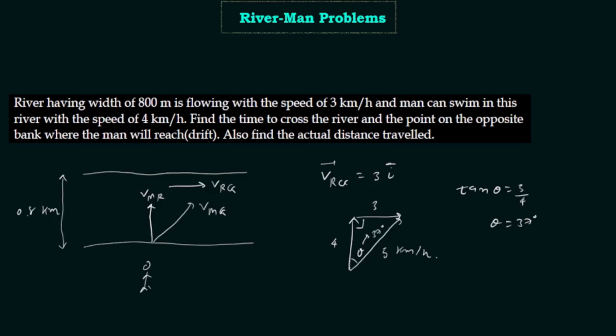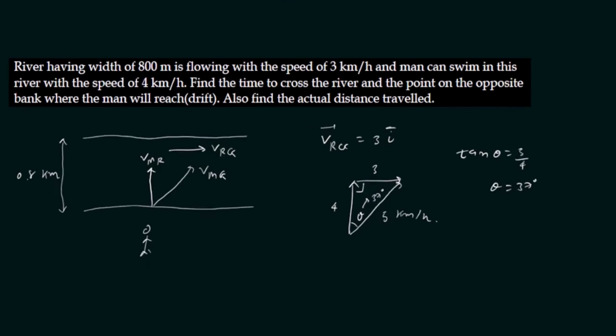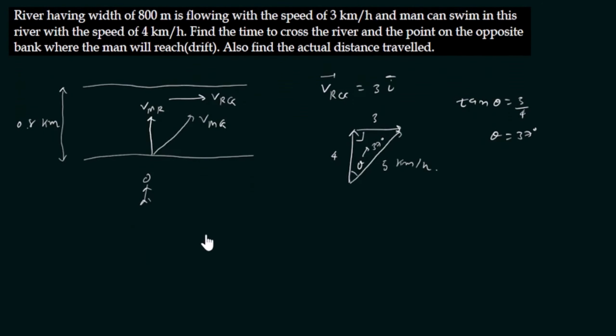Now what will be its velocity? For that, velocity of man with respect to ground will be velocity of man with respect to river minus velocity of ground with respect to river.